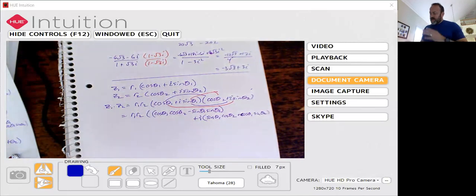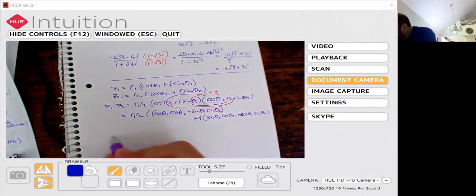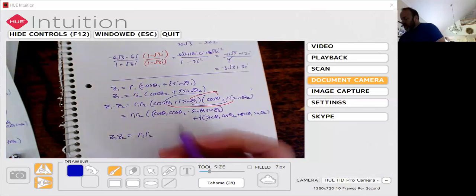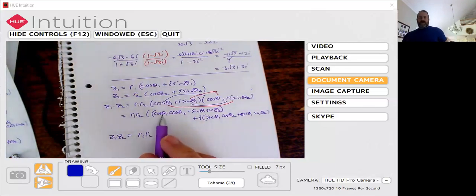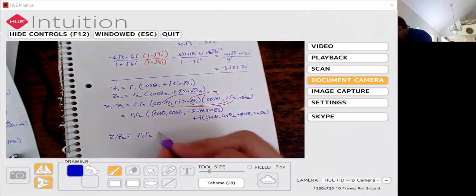Well, that looks pretty bad, but if you go back to the trig identities that we learned back in the day, we actually have this sitting in our card before, because notice this is the cosine of alpha cosine beta minus sine alpha sine beta, which is the formula for the cosine of alpha plus beta.